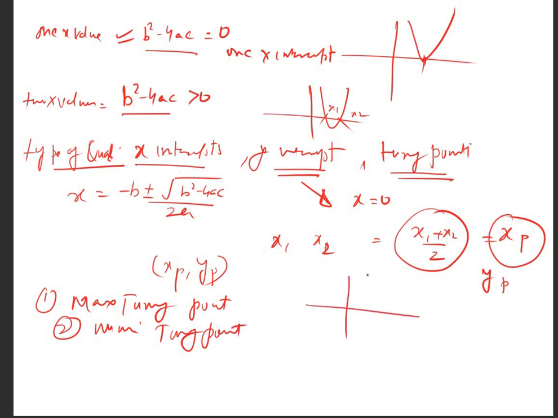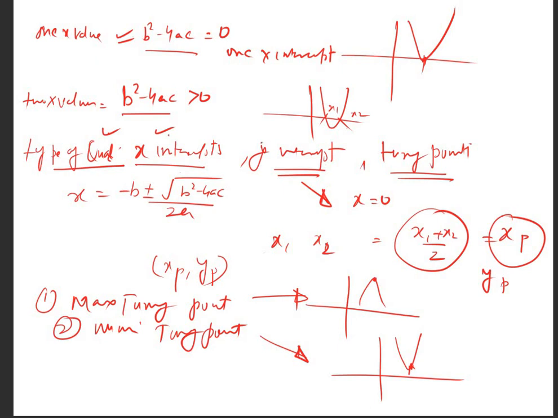Maximum turning point is a sad face, where the turning point is the highest in the graph. Min turning point is something like this, where the turning point is minimum in the quadratic. So these are roughly the 3 or 4 crucial points: type of quadratic, x-intercepts, y-intercepts, and the turning point.